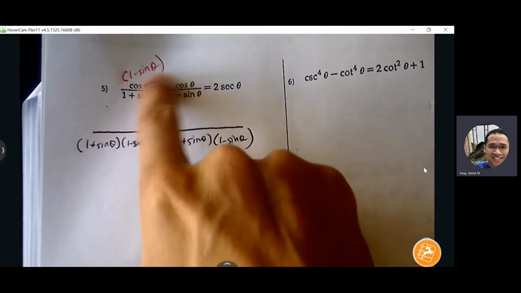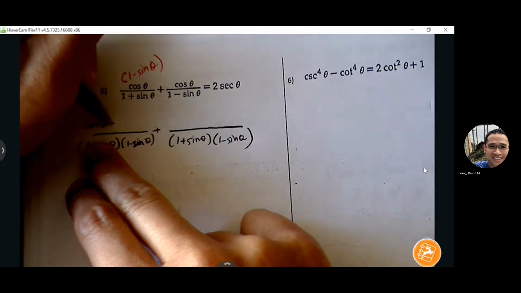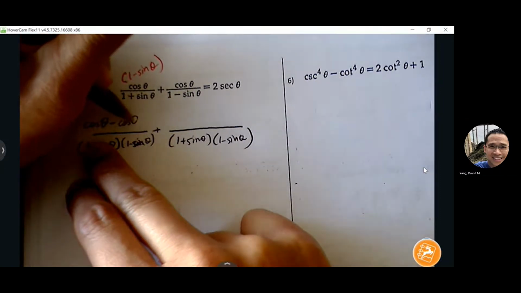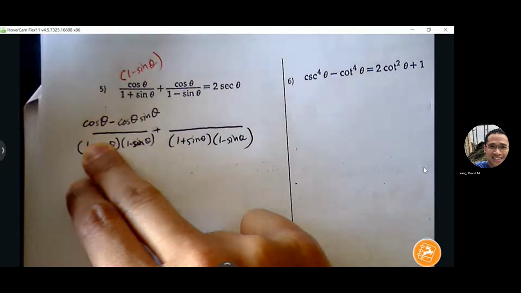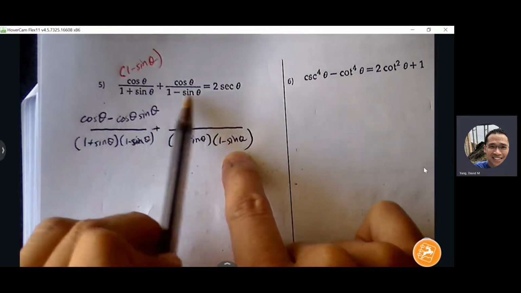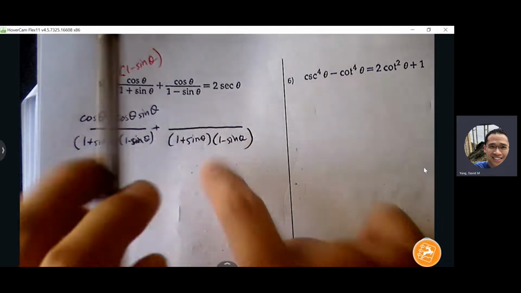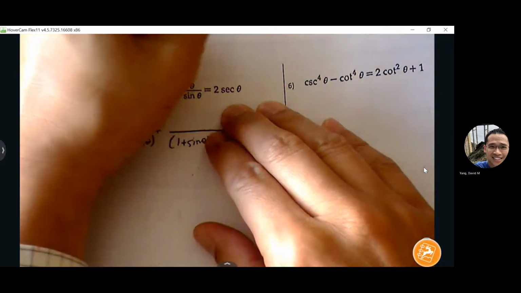Okay, distribute the cosine through the 1 minus sine theta. Compare my second fraction, second denominator. The difference is that 1 plus sine theta, so I need to multiply the top by 1 plus sine theta.